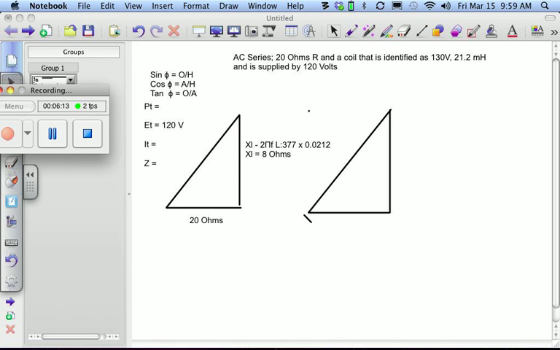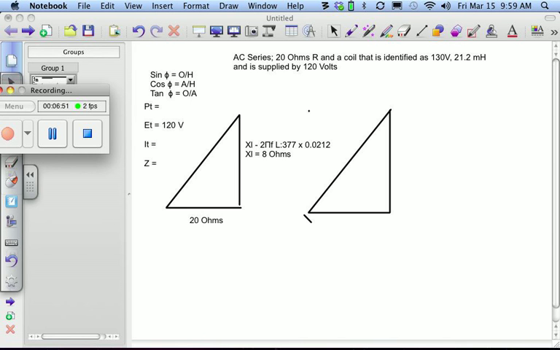I think that leads us into our next question: what is the circuit current? We need to find the current, don't we? We know our impedance, or do we? No, we don't. But now we have a cosine of this thing, 0.9284, and that's equal to A over H, right? Do we have the A? We do.